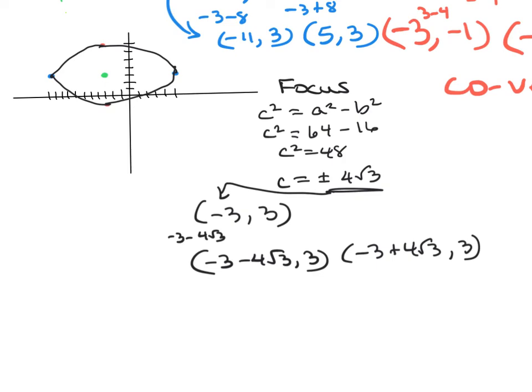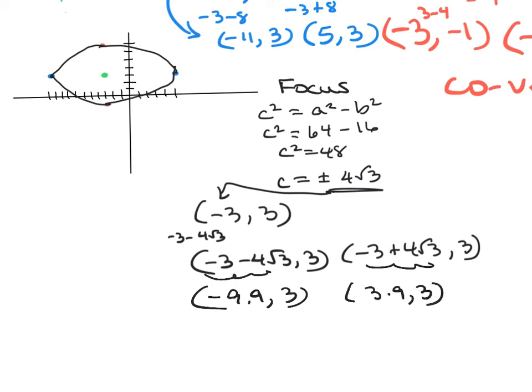So I'm just going to do this on my calculator. Negative 3 minus 4 radical 3 is about negative 9.9, comma 3. And then when I do negative 3 plus 4 radical 3, I get 3.9, comma 3.